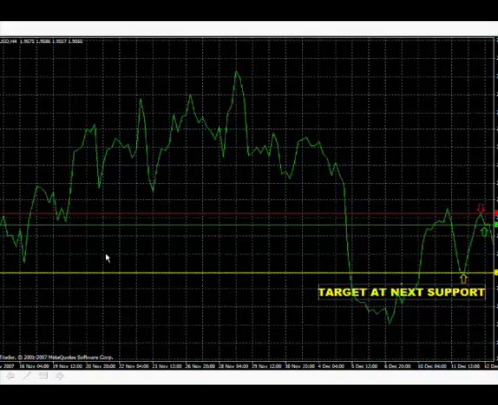So you want to take your profits in stages and then re-enter on the break of the next step. So you will always take your profit at that support level or that resistance level, depending on whether you went long or short. You will take it at the very next level and wait for the break of that next level.